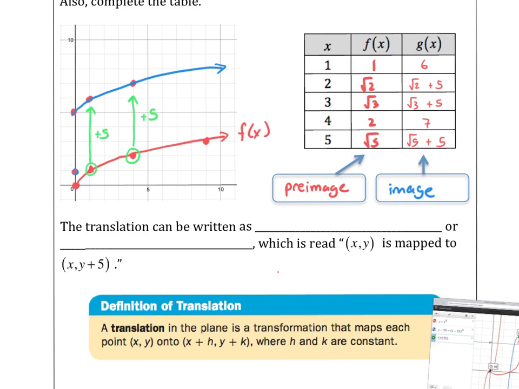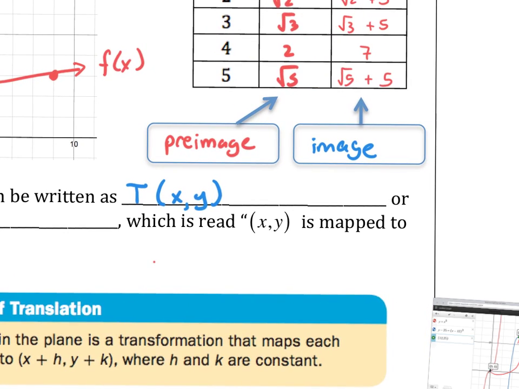So this translation can be written in 2 different ways. So we can say capital T for translation of a point, x y, like a new function, is equal to x, y plus 5.